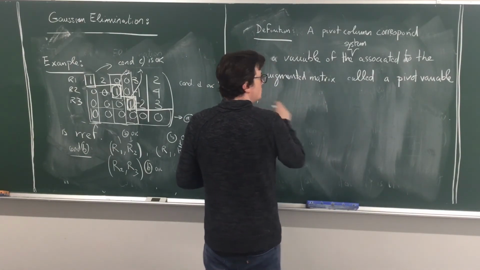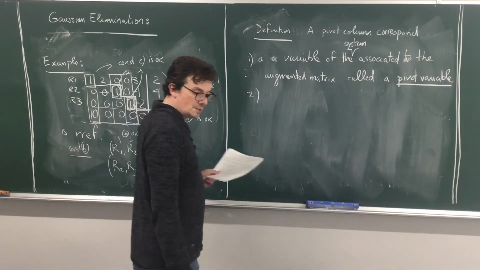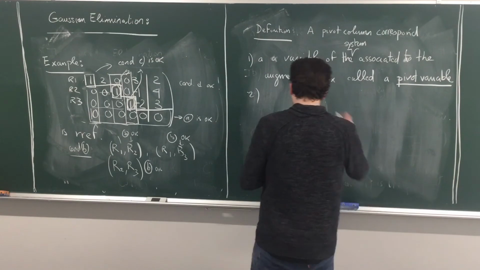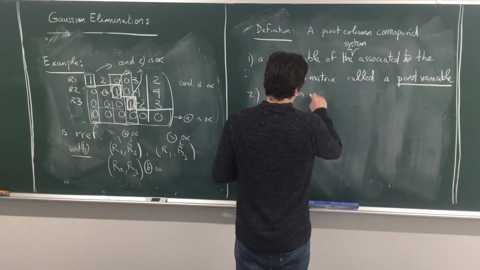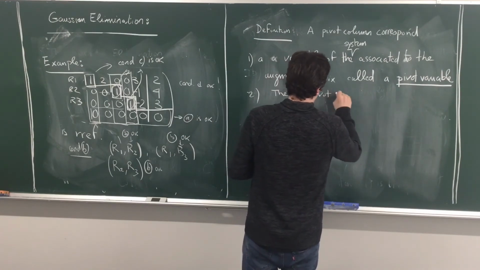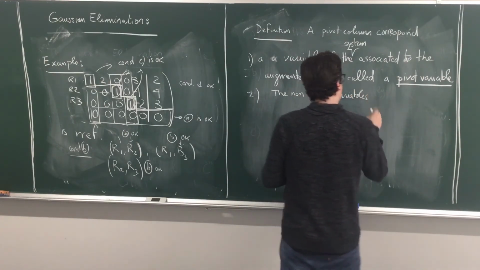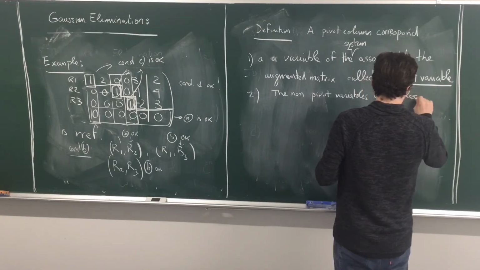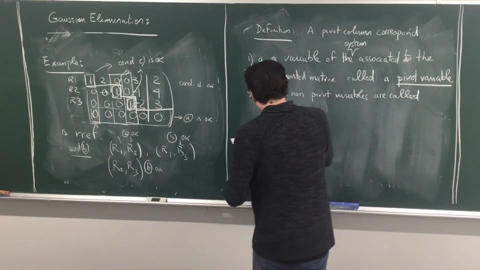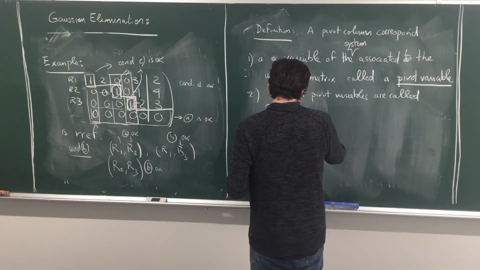And second definition, so the important word is pivot variable. We are going to explain on this example what is a pivot variable. And the non-pivot variables are called free variables.